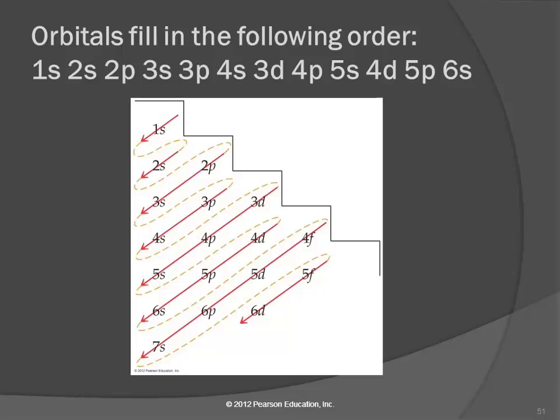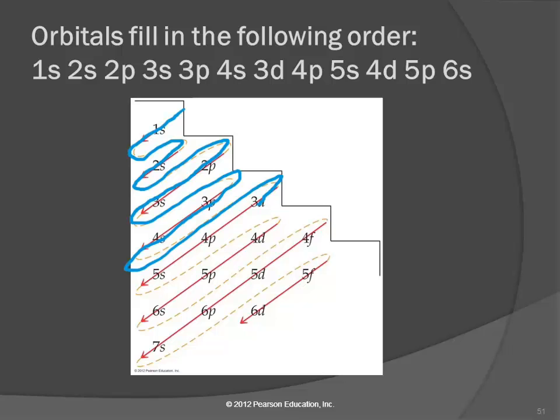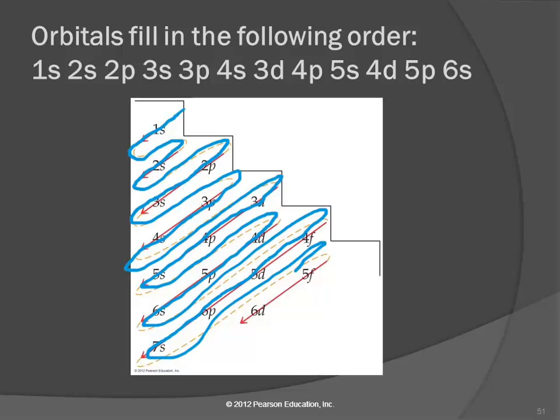And then it fills in this diagonal way. So 1s, and then you come up here, 2s, and then you come back up here, 2p, 3s, 3p, 4s, jump up here, 3d, 4p, 5s, 4d, 5p, 6s, 4f, 5d, 6p, 7s, 5f, 6d.